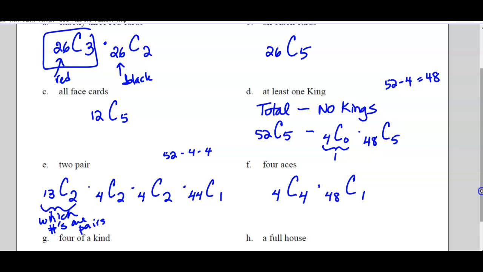So the 13 choose 2 tells you how many groups like that you have. And then there's 4 jacks that you have to choose 2 from, 4 2s that you have to choose 2 from, because remember, these have suits, right? So then there's 4 choose 2 ways of getting each of those. So this is where you can't just add up those values, right?